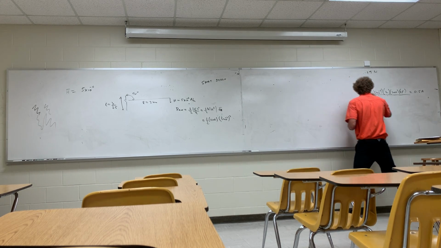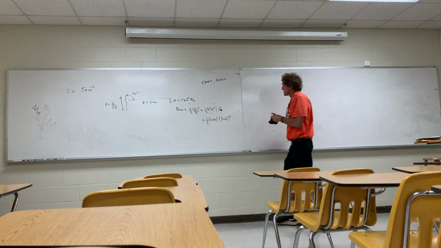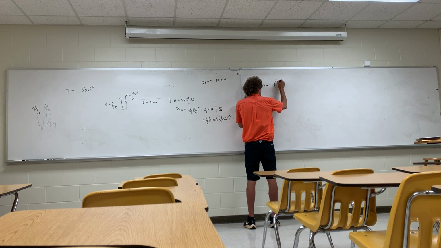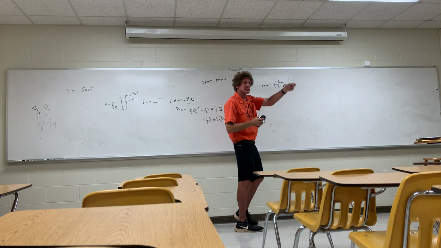Remember, it doesn't matter how many loops there are. We know that P_av, the average power density at any range, is going to be the isotropic power radiated over 4 pi r squared. So that's the isotropic power radiated, times the gain.